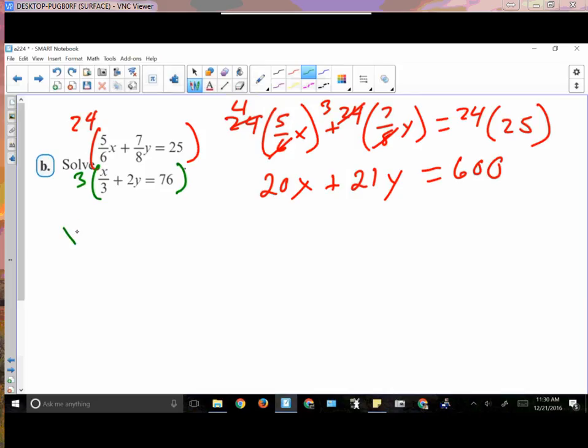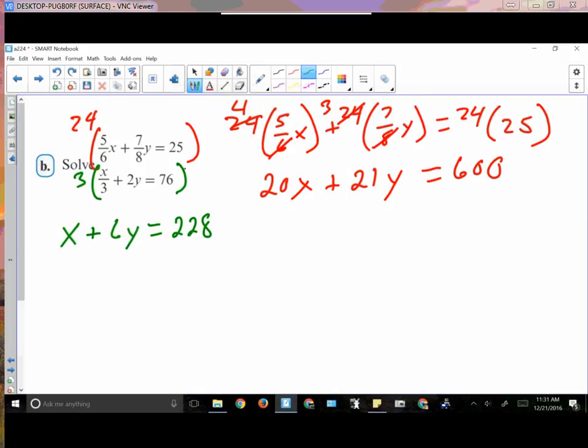So I'm going to write this one as x, because that cancels with that, plus 6y is equal to 3 times 76. That would be 228. Yeah, every once in a while I actually get close.